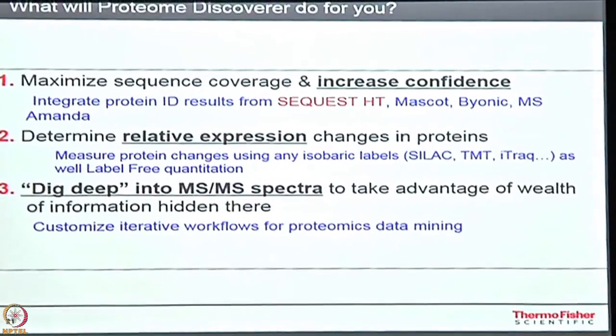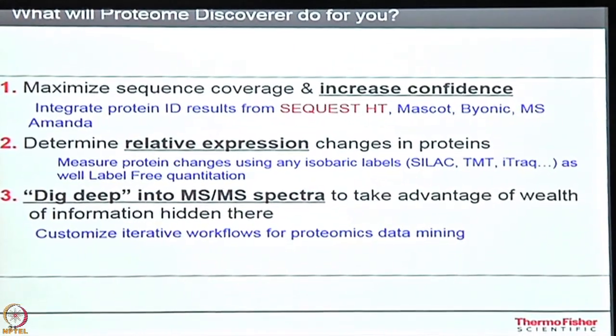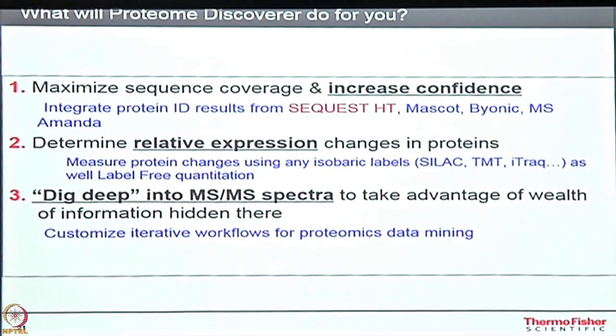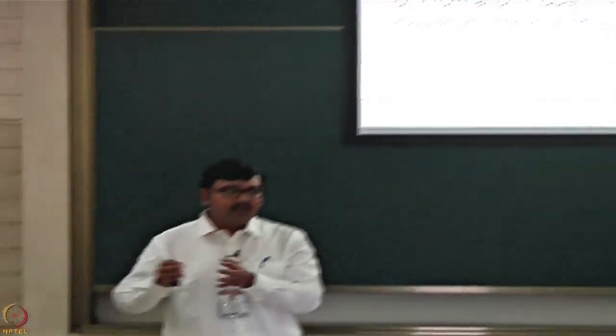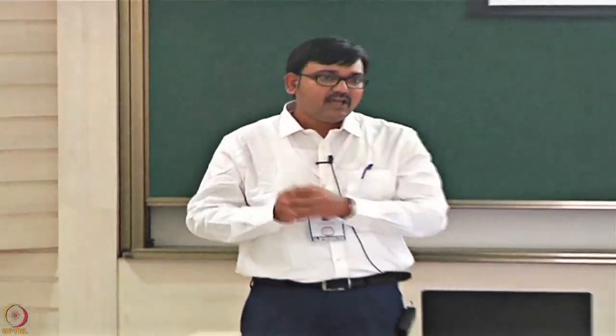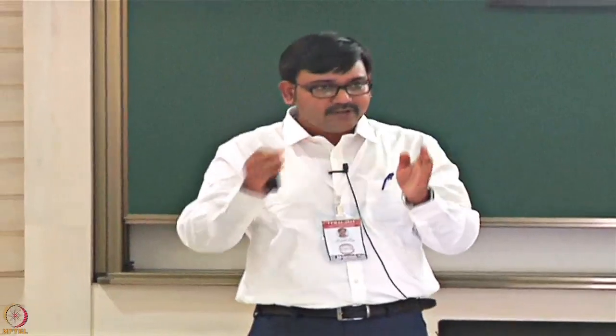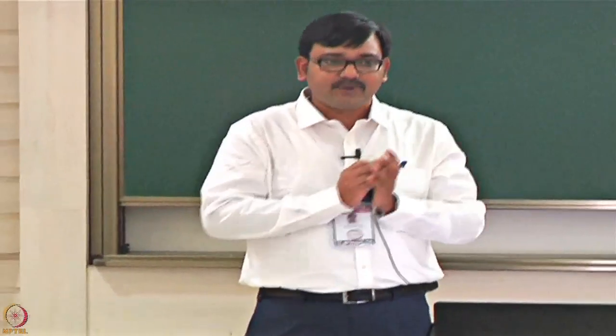So how do these search engines work? When you have run a human sample, you get the MSMS data. Now you tell the search engine to extract the proteins and set the human database. The search engine will theoretically digest those proteins from human and make a theoretical mass list. Then the theoretical mass list is compared with the experimental mass list.